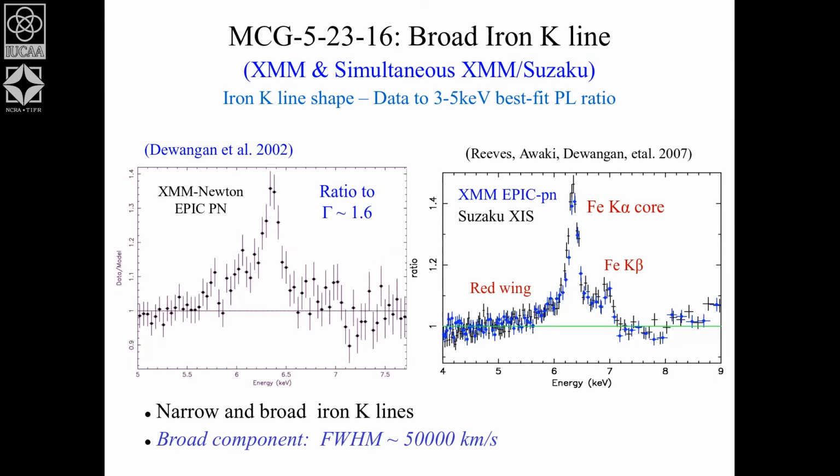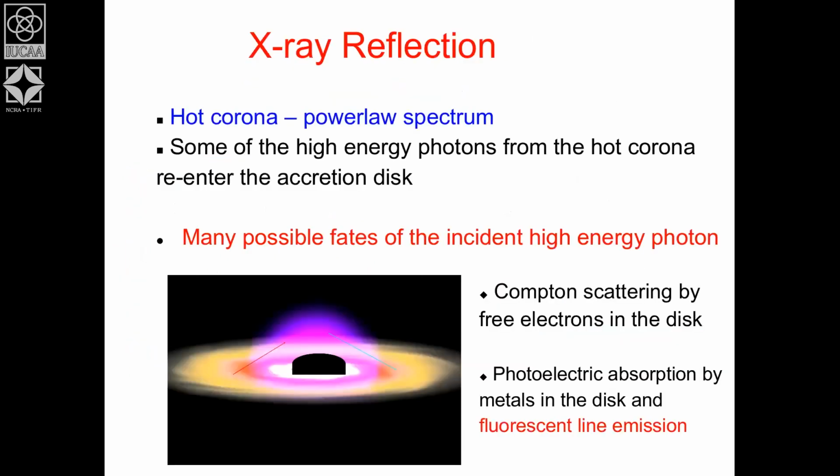Here in the X-ray band, we see line widths up to something like 50,000 kilometers per second or even higher. So the iron K alpha line emitting material is moving much faster, and naturally it has to be closer to the supermassive black hole. Therefore, this line can be used to probe the inner regions very close to the supermassive black hole, and to look into the very basic physics.